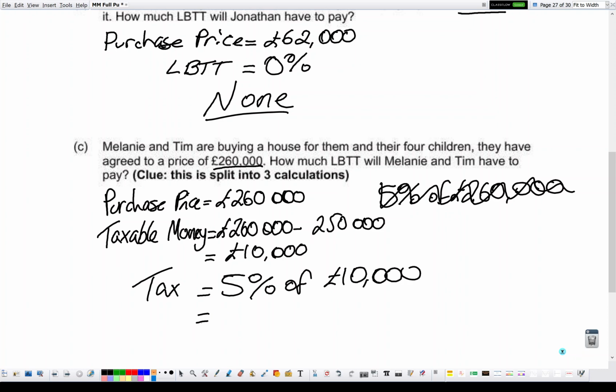So that is a calculation which you should now be able to do for yourself. Okay, so I'm going to give you 30 seconds. Use your calculator. 5% of 10,000. Do that now, please.